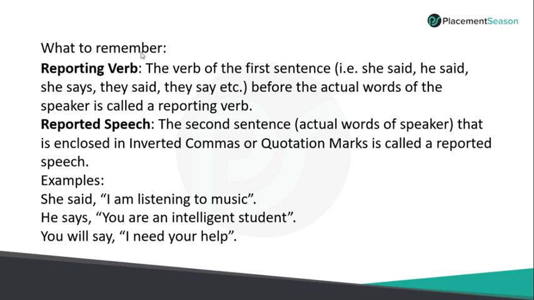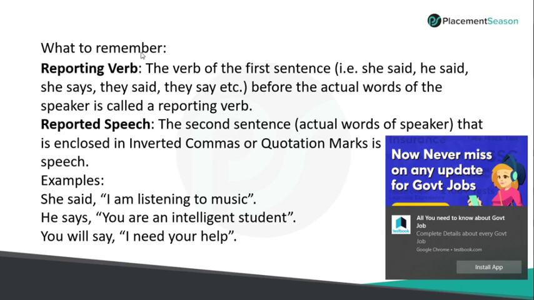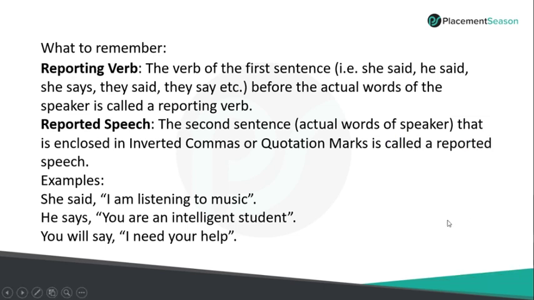The second part of the sentence, where you have the inverted commas or quotation, is called the reported speech. Example, she said, I'm listening to music. Here, she said is the reporting verb and I'm listening to music is the reported speech.